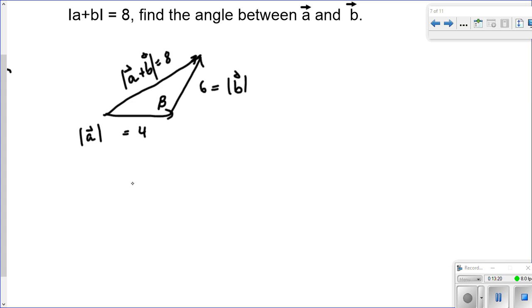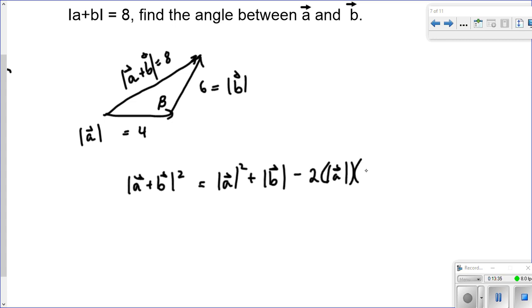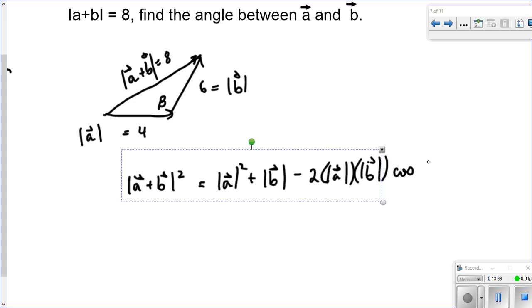I'd have this one, and then I'd have also B in this case.